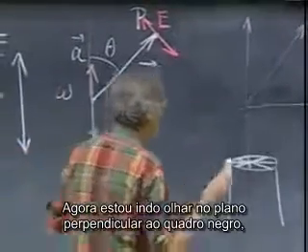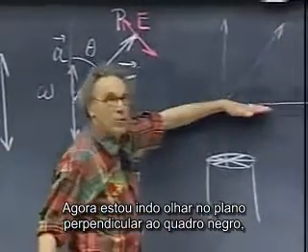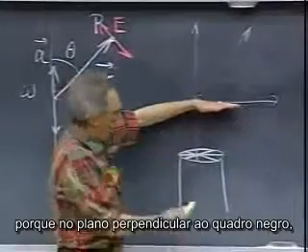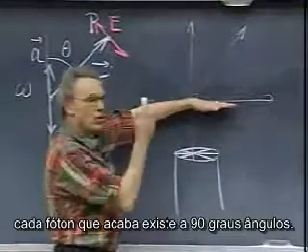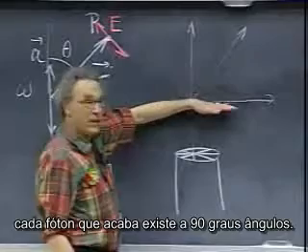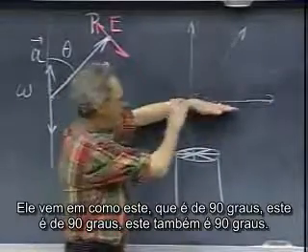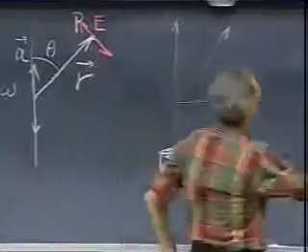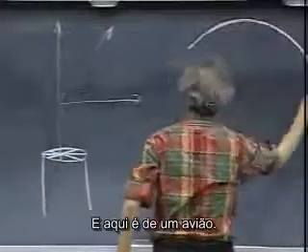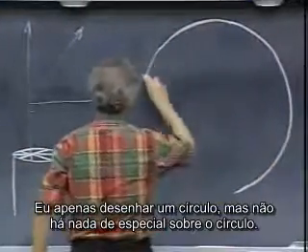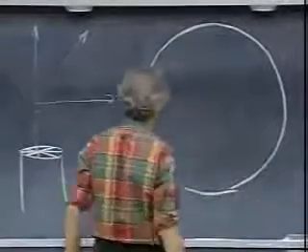I'm now going to look in the plane perpendicular to the blackboard. Because in the plane perpendicular to the blackboard, every photon that ends up there is at 90 degrees angles. It comes in like this. That is 90 degrees. This is 90 degrees. This is also 90 degrees. And here is that plane. I just draw a circle, but there is nothing special about the circle.